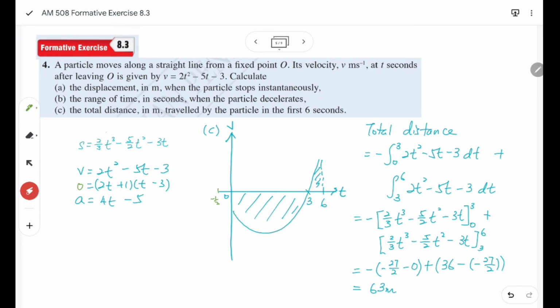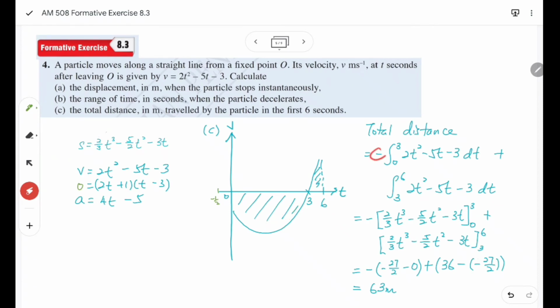Again, we want to get the total distance from the velocity function. We can do integration of the velocity. If we do integration, distance is always positive, but the integration of the part from 0 to 3 below the t-axis will bring us negative values.